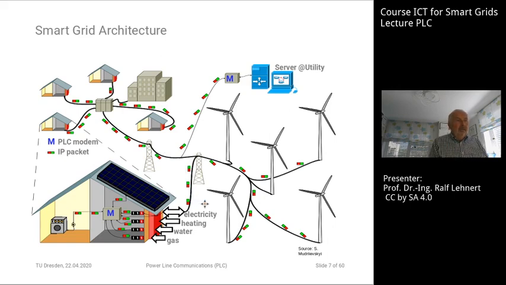Okay, the usual starting point of the smart grid is that you have at your utility a router and a server. To connect to the power line, you have a PLC modem which is attached to the power line, and via the power lines many homes are connected, not only private homes but also, for instance, industry buildings.